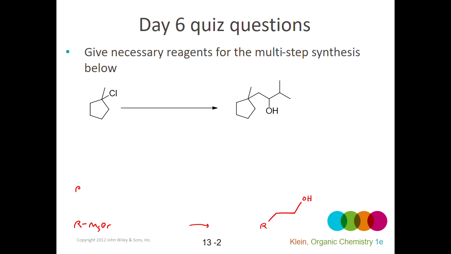So just to contrast, if you want your Grignard to end up connected to the same carbon that the OH is on, you'd use a carbonyl because the Grignard would attack that very carbon, push electrons up, and then once the oxygen's protonated, you'd have the OH. If you want it connected 2 carbons away, if you want a 2-carbon chain between the OH and the R group, then you use an epoxide.